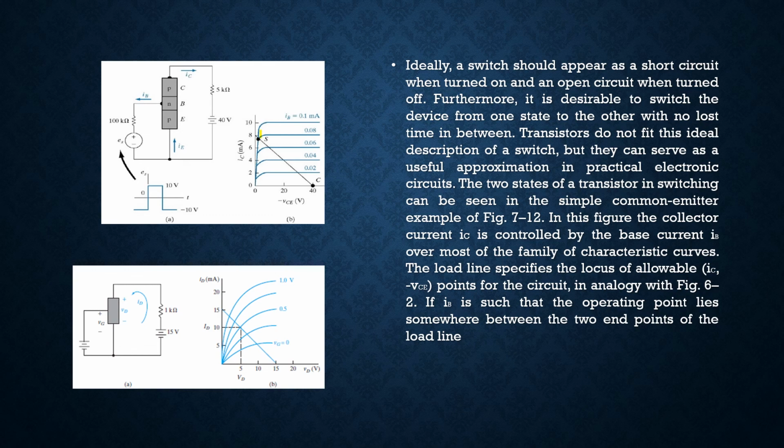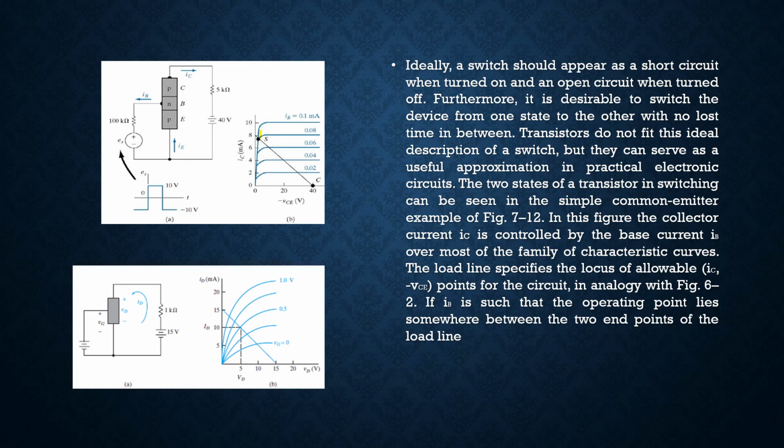Now ideally, a switch should appear as a short circuit. You know that when we switch on, the light or fan should get on, and it should be an open circuit when it is turned off.